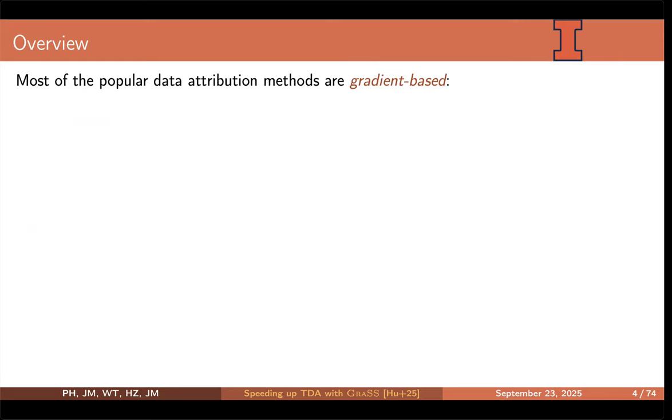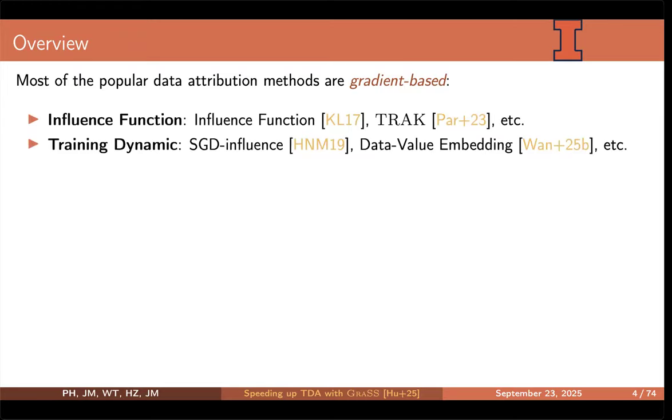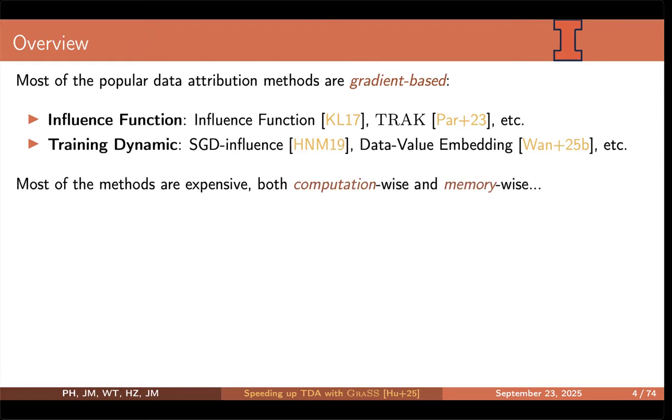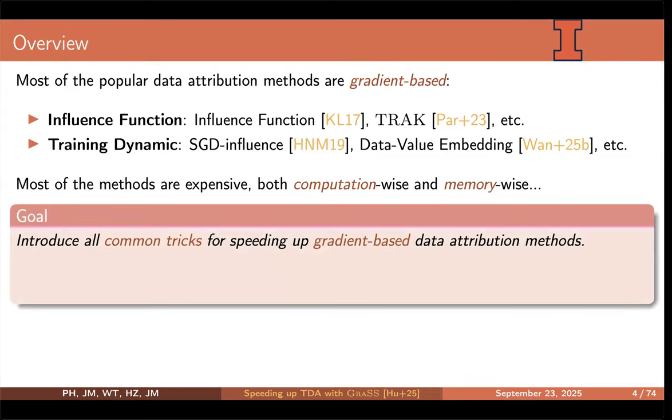So what's the motivation here? Most of the popular data attribution methods are gradient based. So for example, the famous influence function, TRAK, or more recently, let's say training dynamic aware methods like SGD influence, data value embedding are all in this category. So they're expensive both computation wise and memory wise. And the goal of this talk is to introduce all the common tricks for speeding up gradient-based data attribution methods.